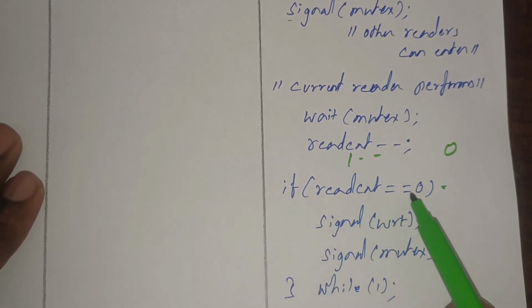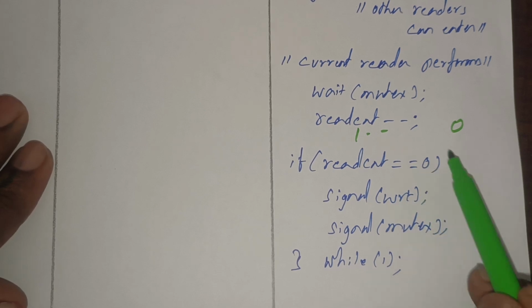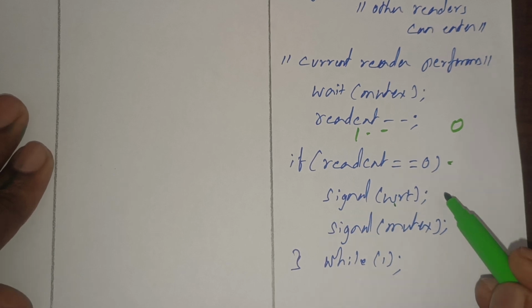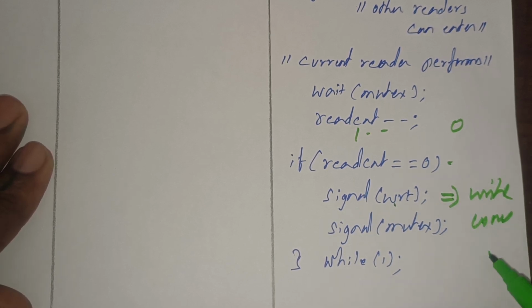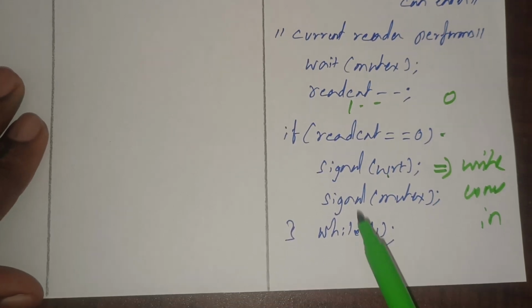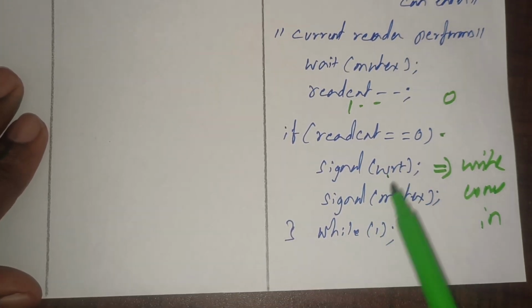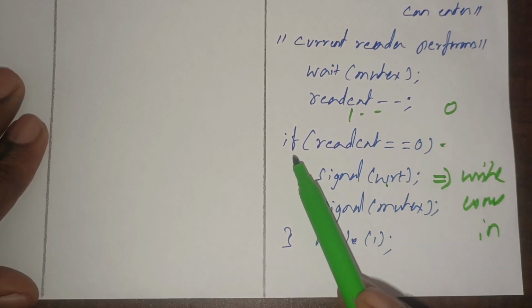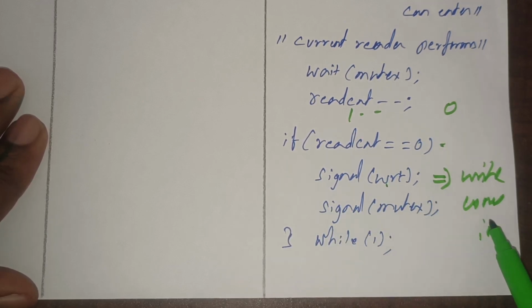If read count is double equal to 0, now there is no reader inside this critical section. Now I'm sending a signal to WRT, that is, I am asking the writer to come in. That's the point. So after this signaling has been done, that is, nobody is inside this critical section, only then the writer can come inside.